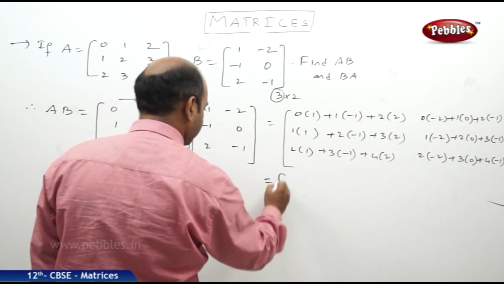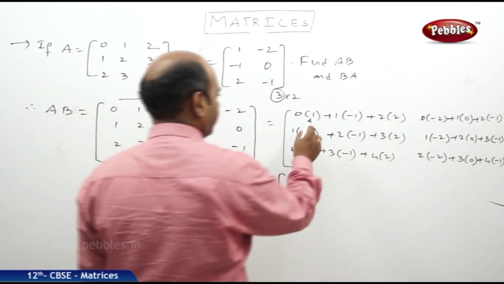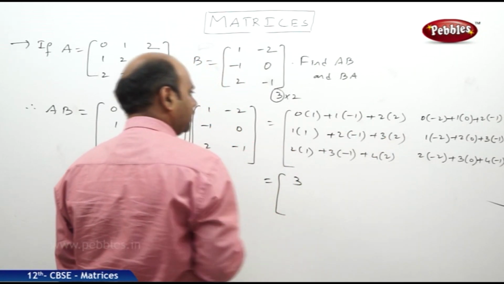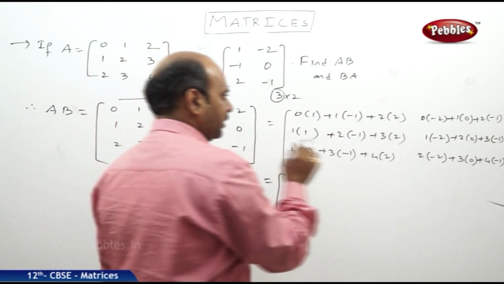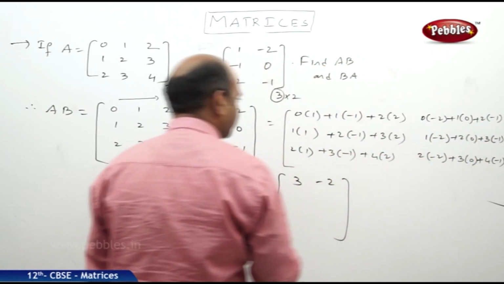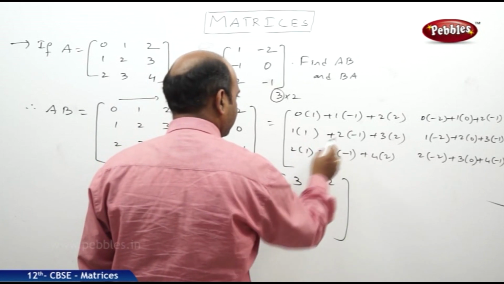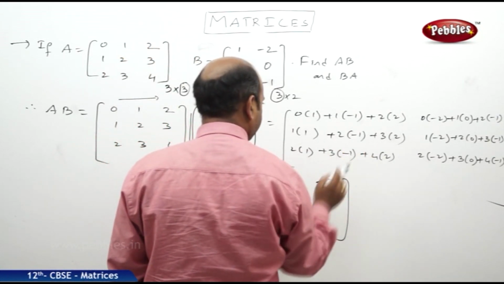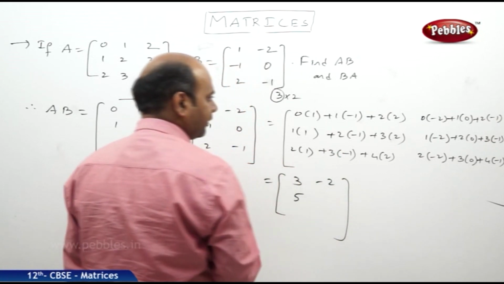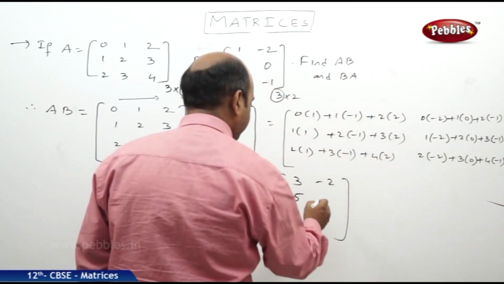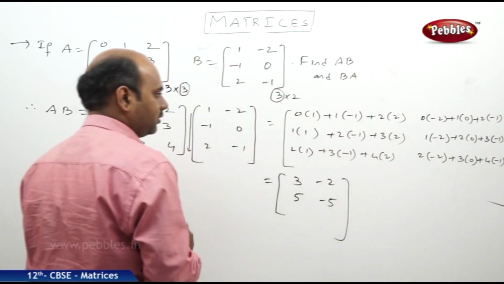So what happens? That is equal to 0 minus 1 plus 4, minus 1 plus 4 will be 3, and here 0 plus 0 minus 2, which will be minus 2. And here 1 plus 6, 7, 7 minus 2 will be 5, and similarly minus 2 minus 3 will be minus 5.